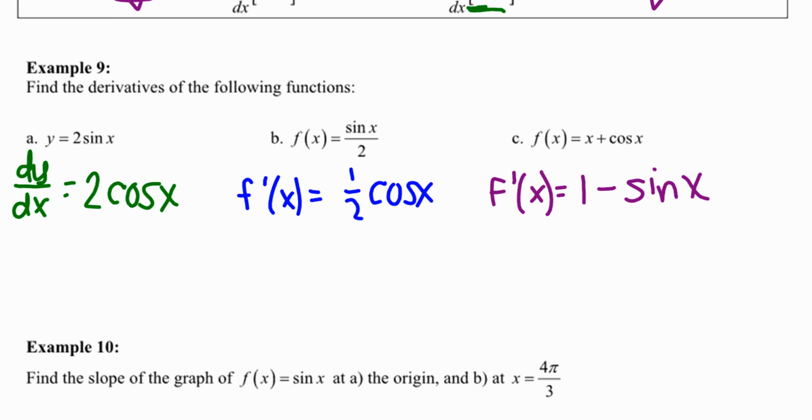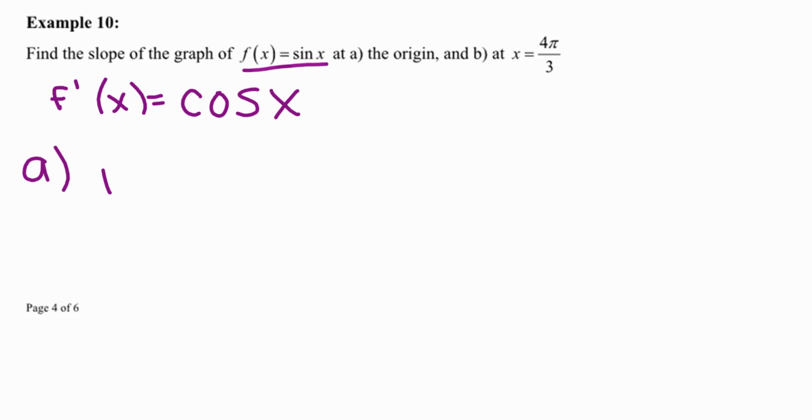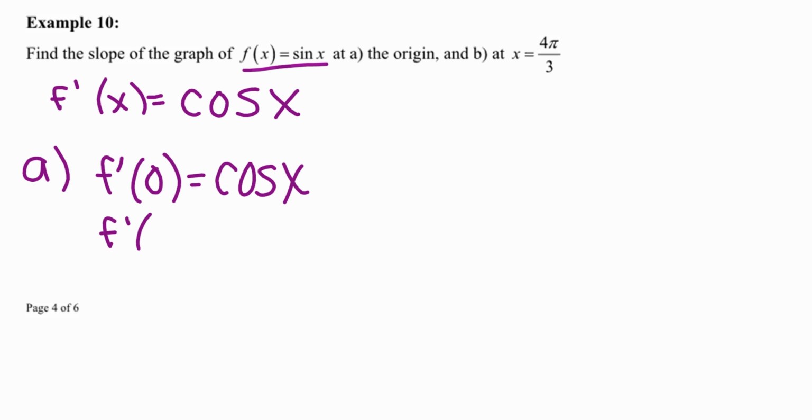There we go. For example 10, find the slope of the graph f of x equals sine at the origin and at that point. Okay, well, we know that the derivative of sine is cosine. So if we want to find the slope specifically at the origin, we need to do cosine of 0, and cosine of 0 is just 1.